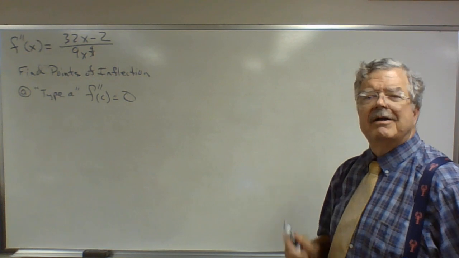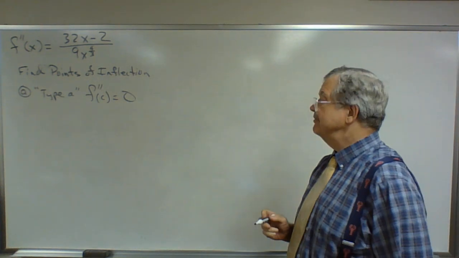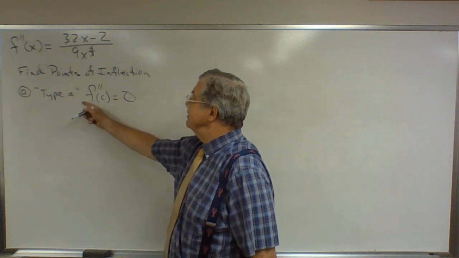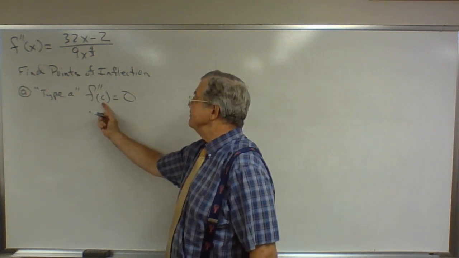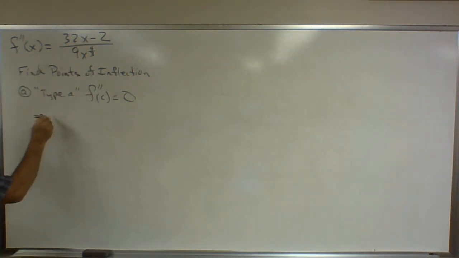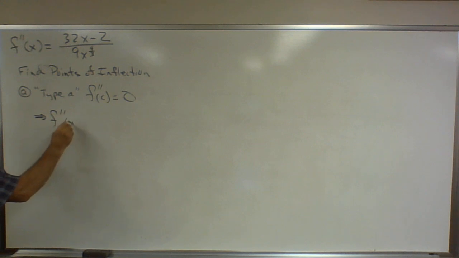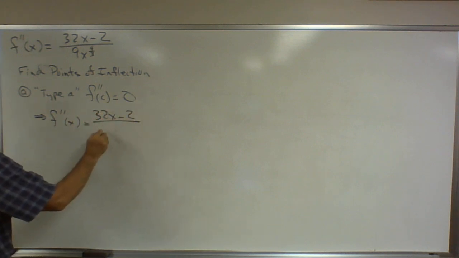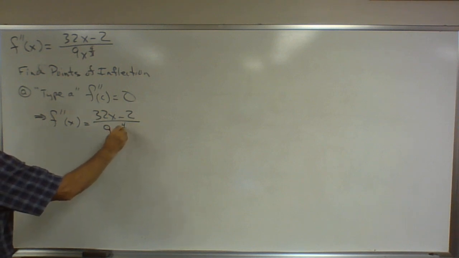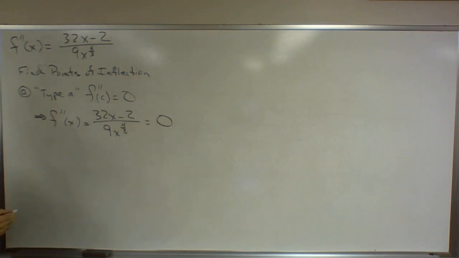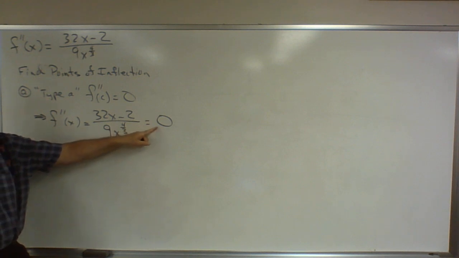And we're going to find our candidates for points of inflection. A type A point of inflection is a point of inflection where the second derivative is 0. We have a quotient equal to 0.